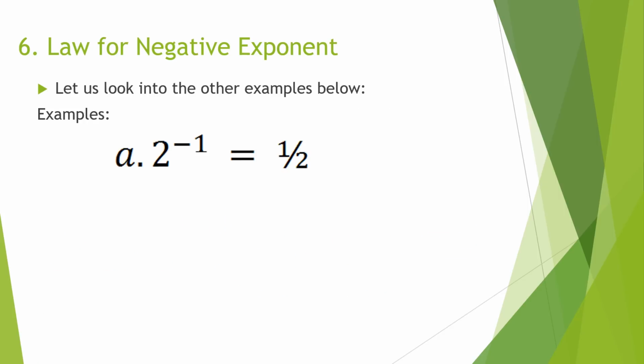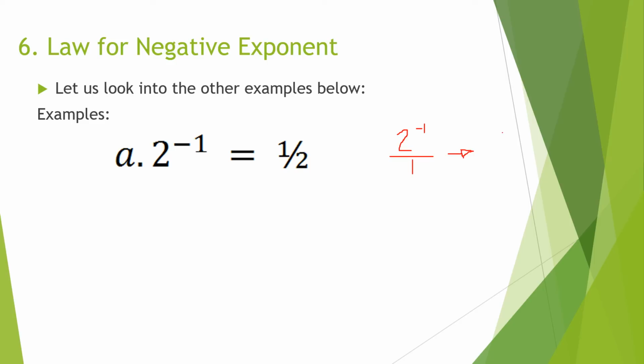Okay, so here are some examples. 2 raised to negative 1 can be written as 1 over 2. How did that happen? We know that 2 raised to negative 1 can be written as 2 raised to negative 1 over 1. Now to apply the law for negative exponent, we get the reciprocal.